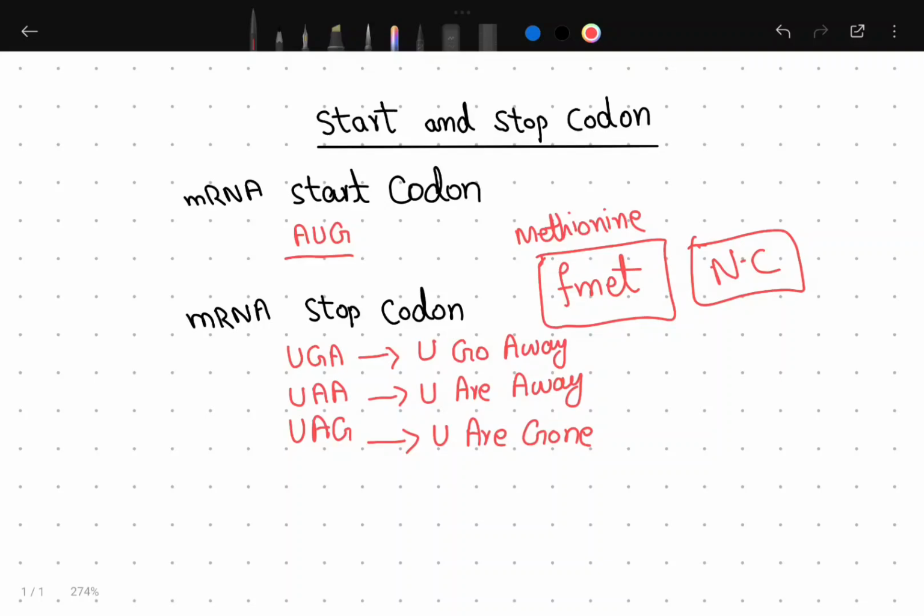There are 3 mRNA stop codons: UGA, UAA, and UAG. UGA is 'you go away', and UAG is also known as 'you are gone'. So these are the mRNA stop codons: UGA, UAA, and UAG.